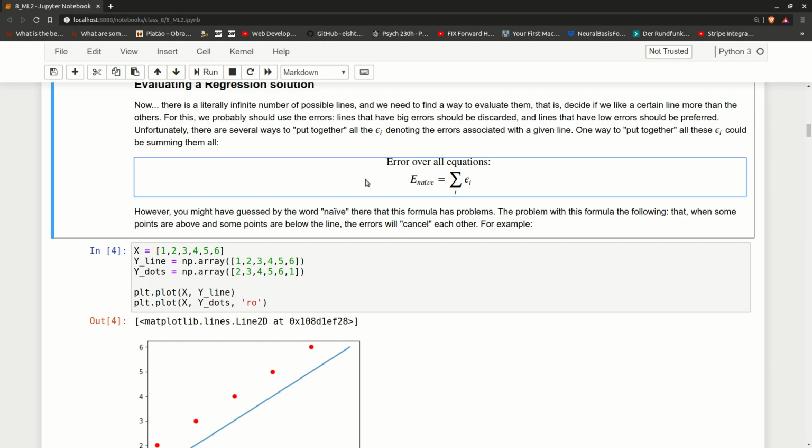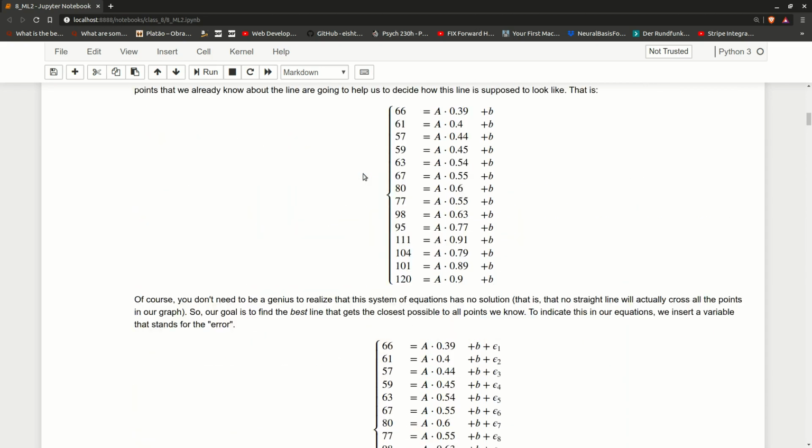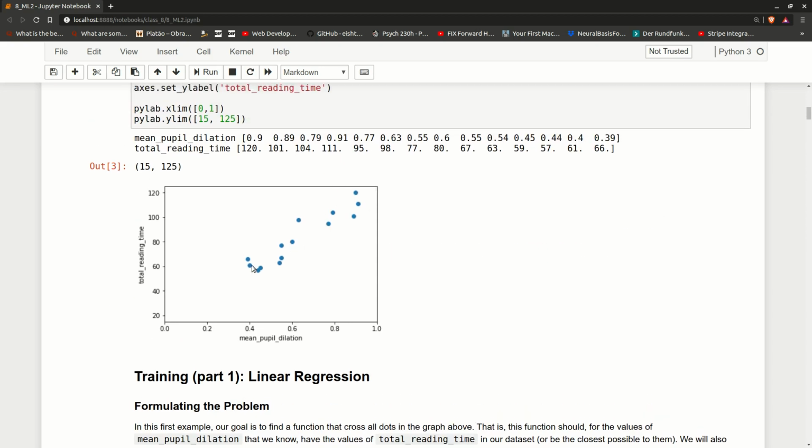Now, the problem with this approach is that some epsilons may be positive and some epsilons may be negative. In this case, if the line crosses here, positive epsilons would be epsilons that cause a bump upward, so this distance here would be a positive distance.